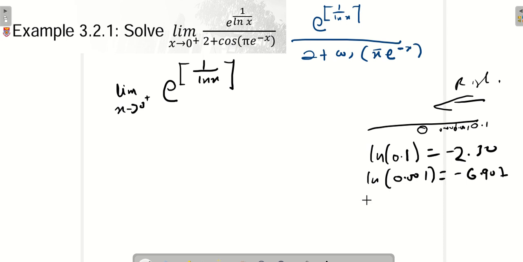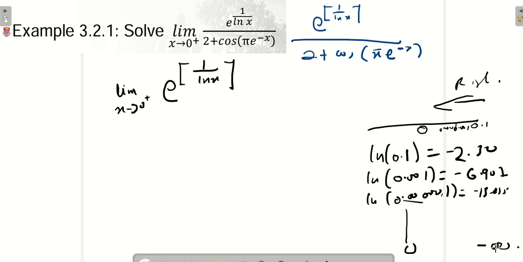If I get closer to 0, let's say ln 0.00001, I will get negative 13.815. So as I am getting closer and closer to 0, what is happening here? You can see that the negative values are increasing and increasing. So as I keep reducing it and approaching 0, this whole expression will get to negative infinity.